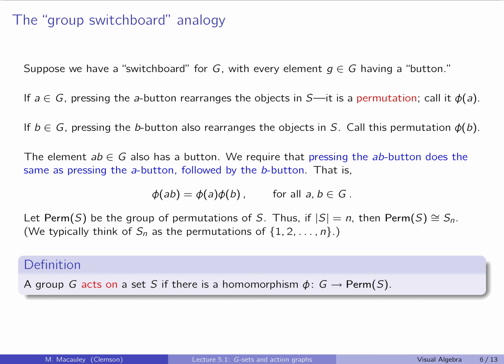This map will take an element, let's call it little g, and send it to the permutation phi of g. So think of little g, the domain, as like the sticker that's on that button. And phi of g is the result of pressing the button, how it rearranges things. So again, that's what this map is. It's touching a sticker, pressing it down, and that's the permutation.